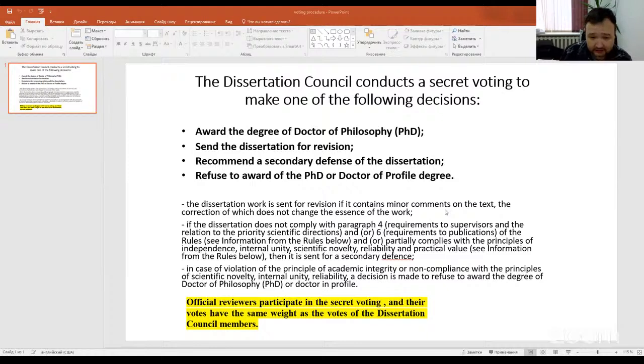Also, the most important thing: official reviewers also vote and have the same weight as the votes of dissertation council members. The list of dissertation council members was already mentioned by our chairperson.